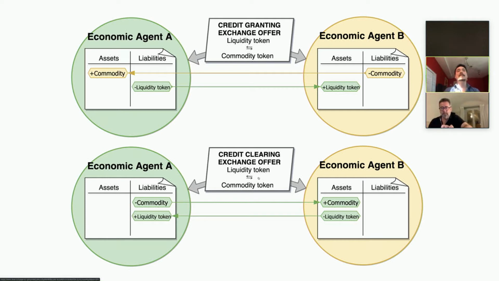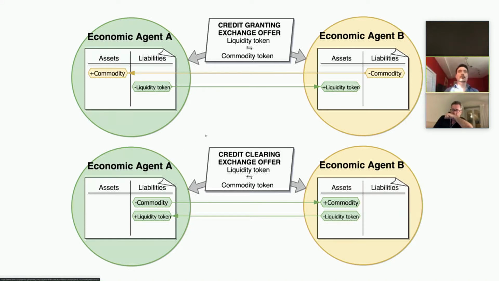Now, as for settlement, we have the credit clearing exchange offer, in which, when the flow of goods and services, the flow of commodities, goes in the other direction, economic agent B utilizes its liquidity token to get access to the commodity token.